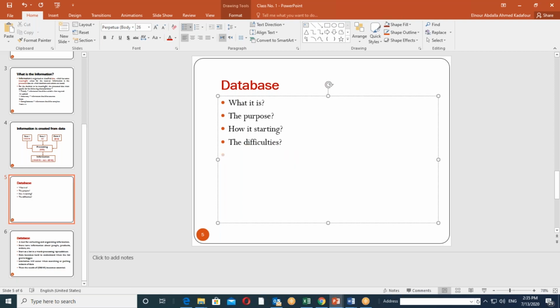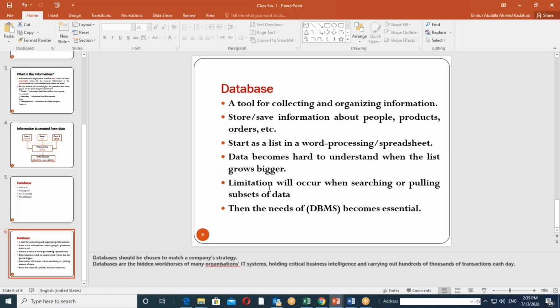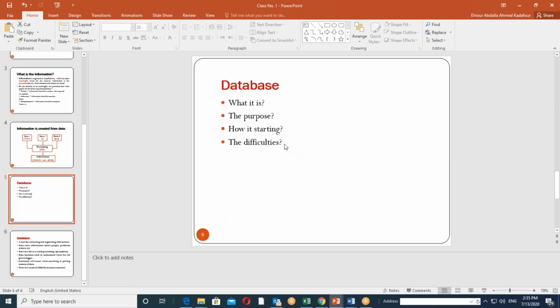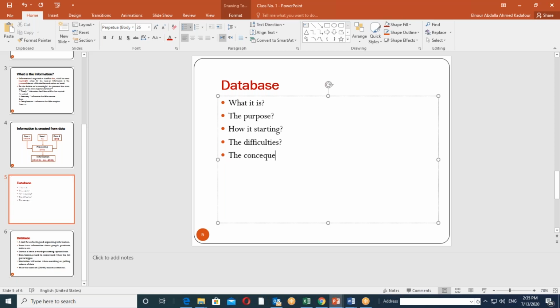And the worst case. So the consequences. The consequences of this problem. Last, what is the solution of this problem?